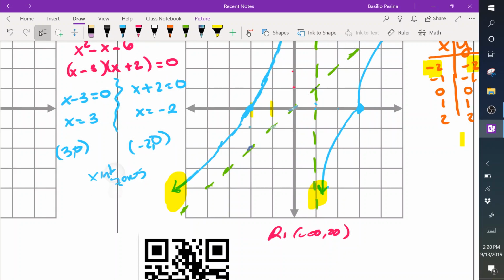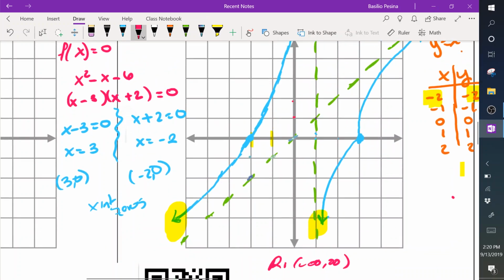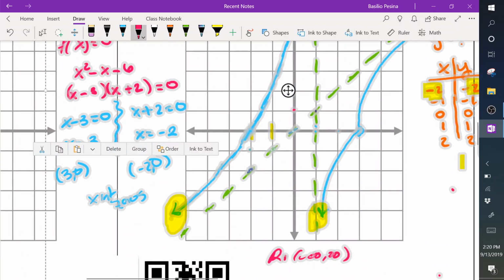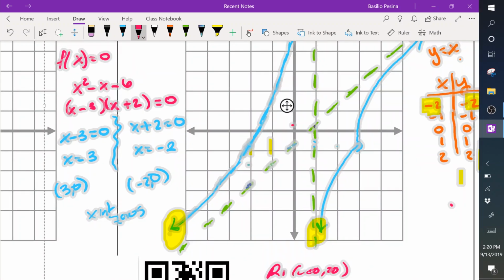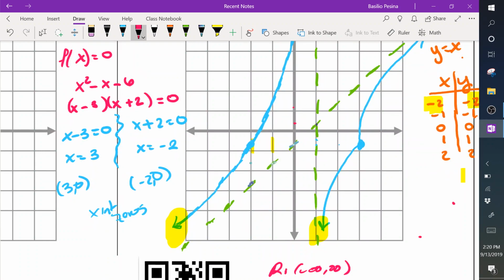The next thing that I want to know is the end behavior. The end behavior tells me what happens as x's, I think my graph moved, guys. What happens as the x's go to the right? My function is behaving like this linear asymptote.